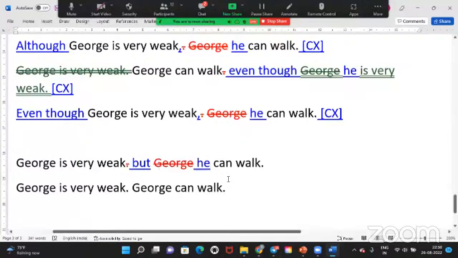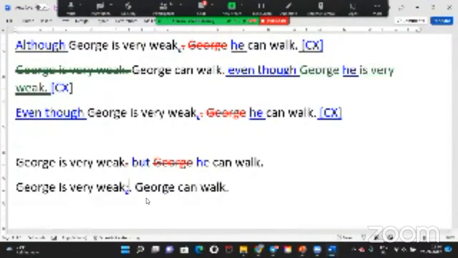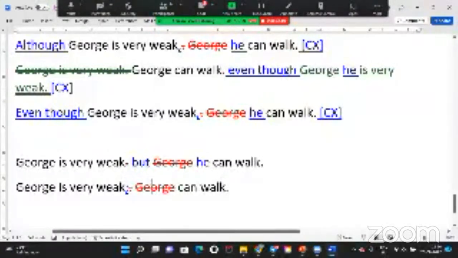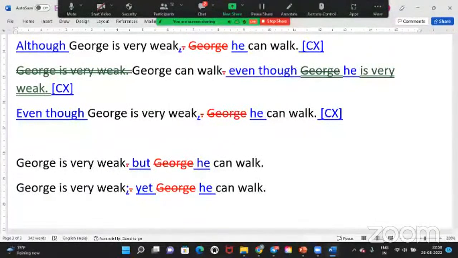George is very weak, but he can walk. Then George is very weak, semicolon, yet he can walk. So these are the different styles. So many different styles you can write.